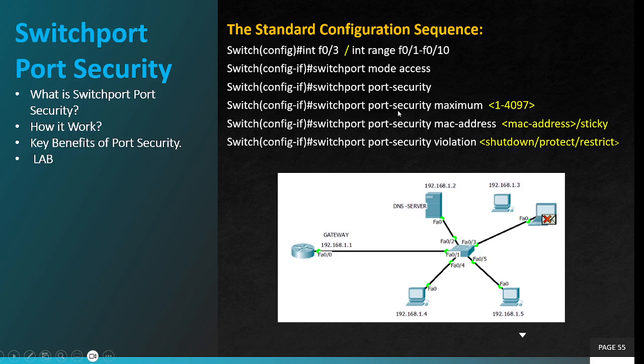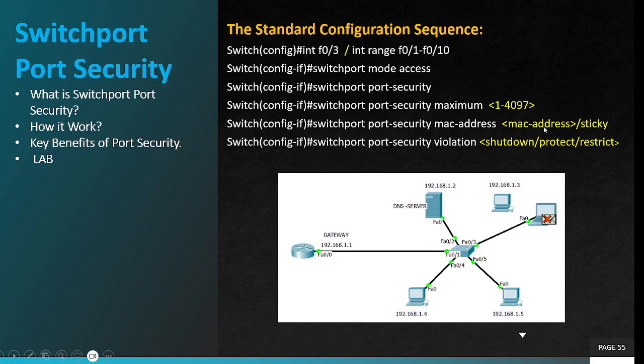Switchport port-security maximum. Here you put a number: how many MAC addresses do you want to register on each port? If you put 2, the switch will learn 2 MAC addresses per port. Switchport port-security mac-address.